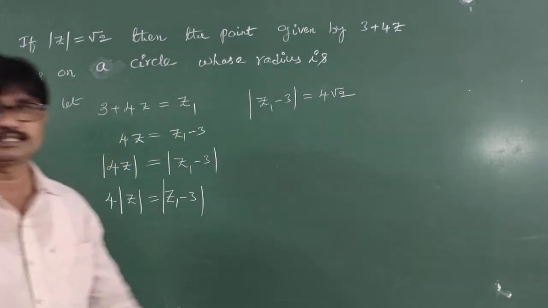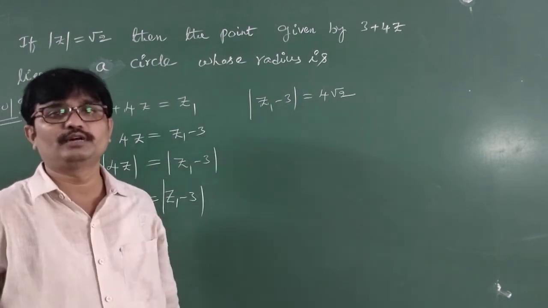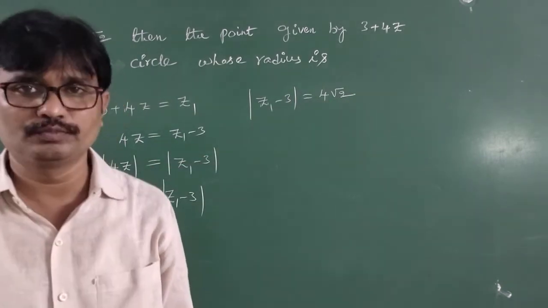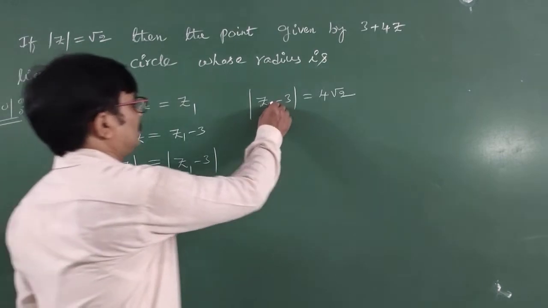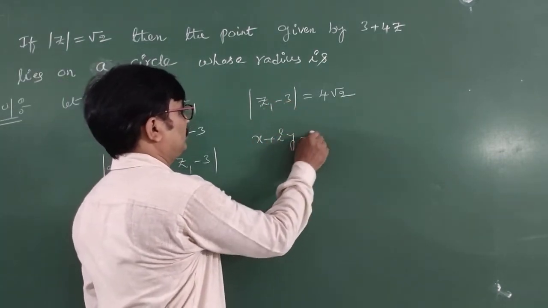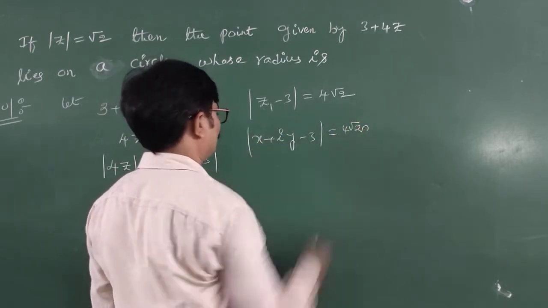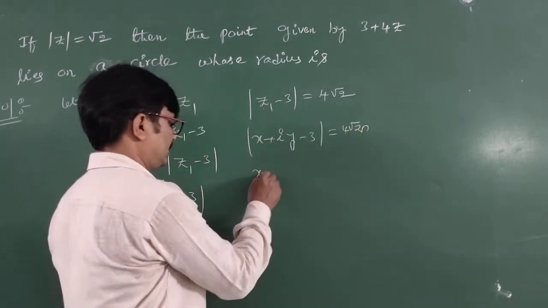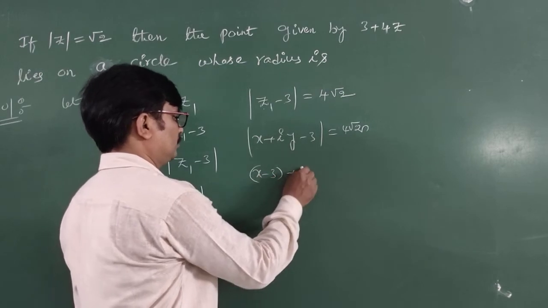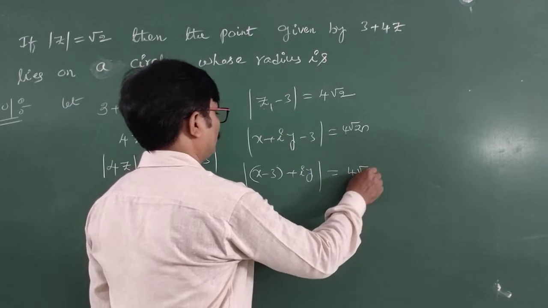This is, students, the radius is 4 root 2, center is 3 comma 0. Suppose we are taking z1 as x plus iy, minus 3 equal to 4 root 2. This is, students, modulus of x minus 3 plus iy equal to 4 root 2.